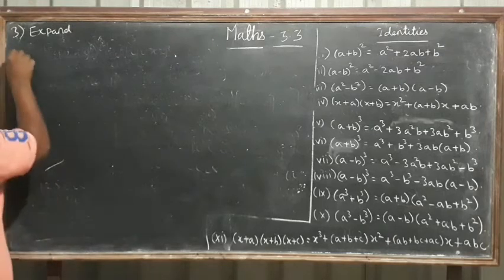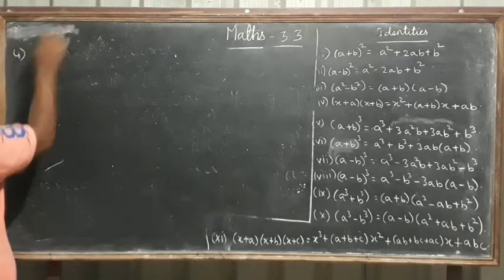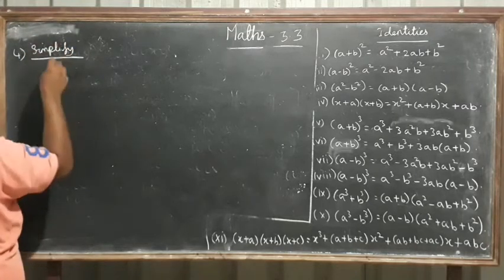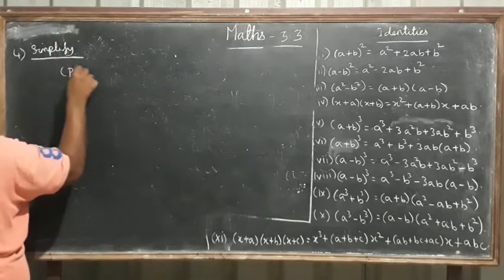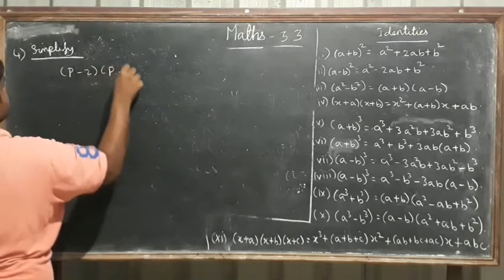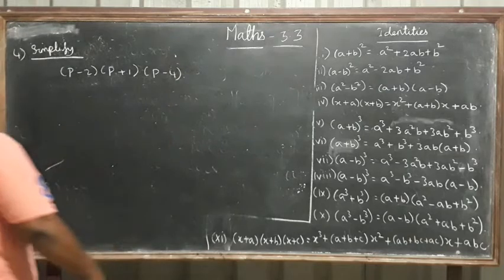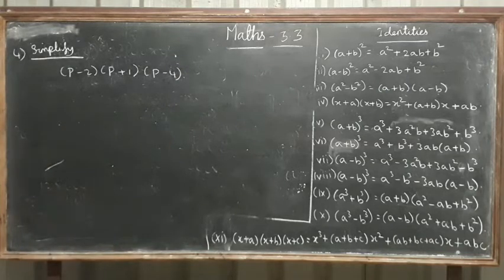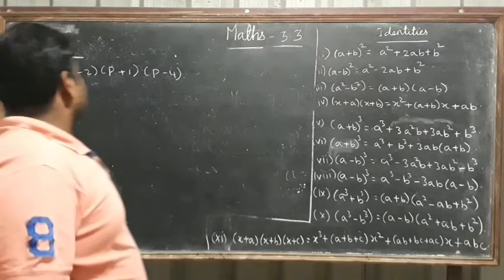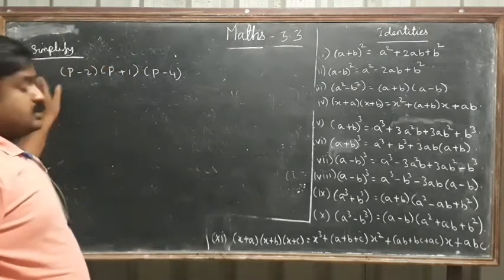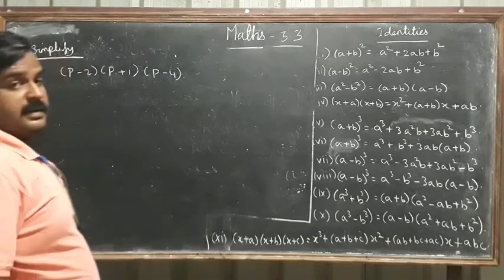Fourth sum, simplify (p minus 2) into (p plus 1) into (p minus 4). We have to simplify this one. Simplification is nothing but doing the multiplication. This is very close to the last formula, (x plus a) into (x plus b) into (x plus c).